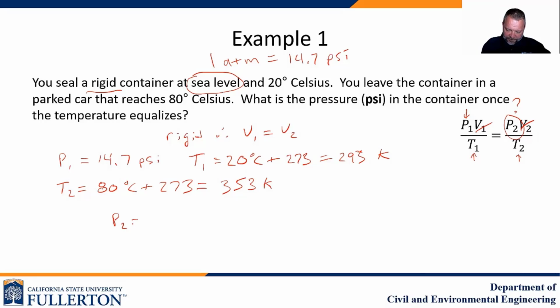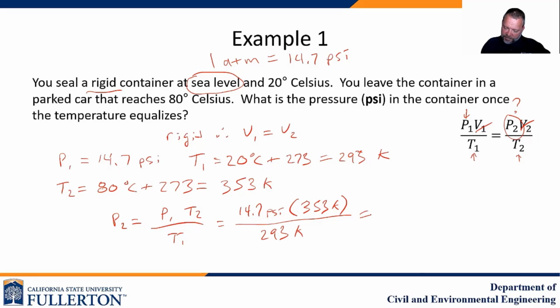Okay, so P2, I quickly rearrange my equation here. It's just P1 times T2 over T1. Just a quick rearrangement there. And that gives me 14.7 psi times 353 Kelvin divided by 293 Kelvin equals, and Kelvin cancels.